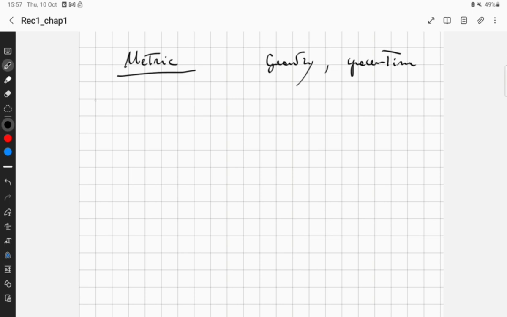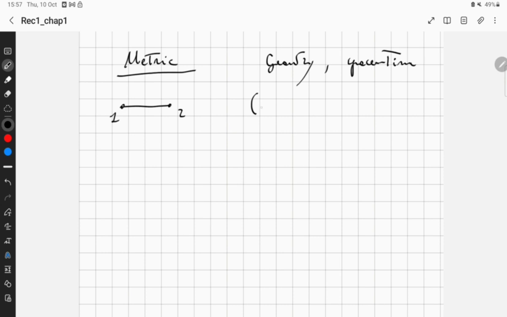So when we define a metric, what we are saying is how you define the distance between 2 points. This is the definition of metric. So 2 points in general relativity are called events.